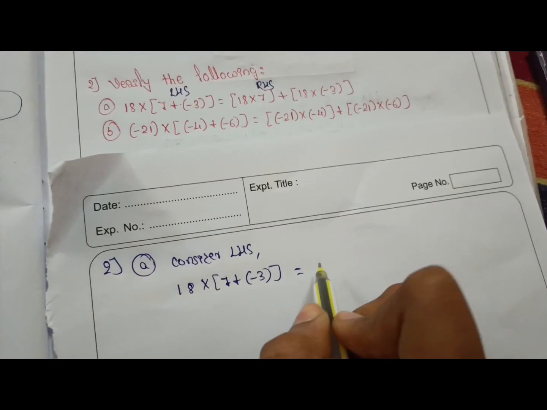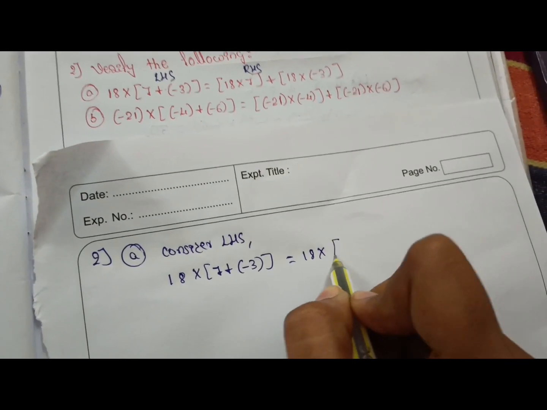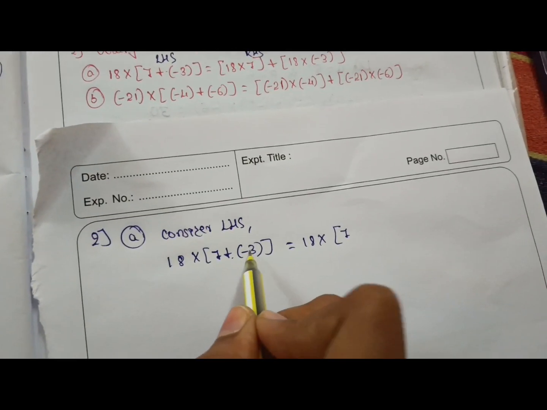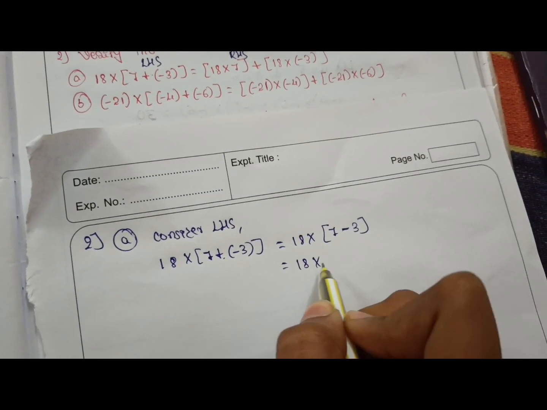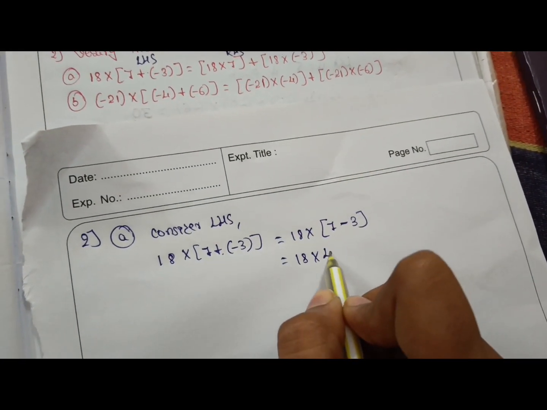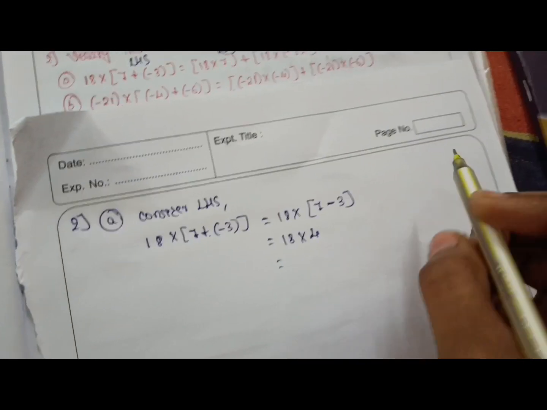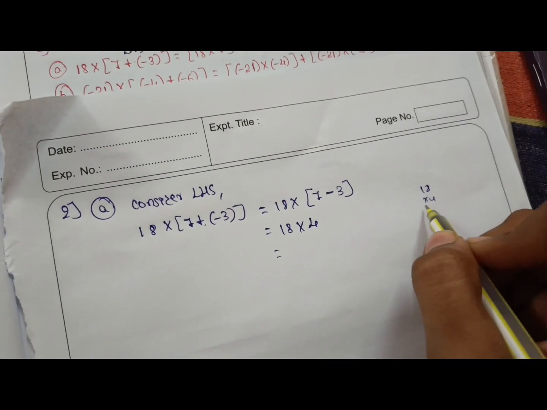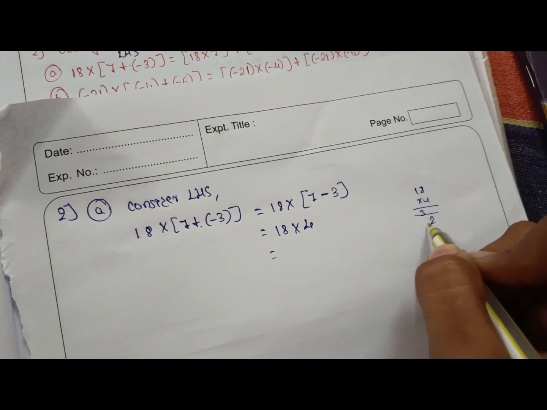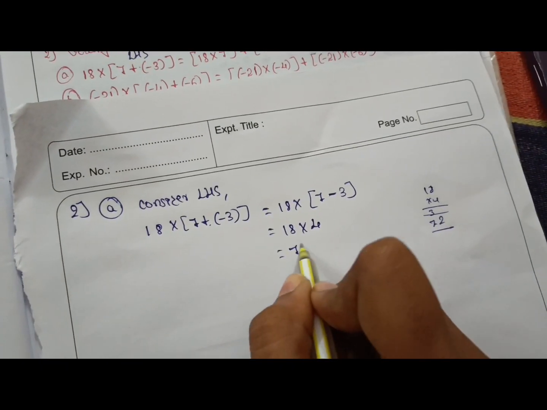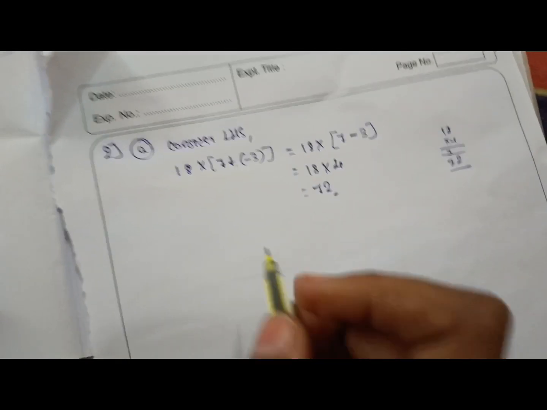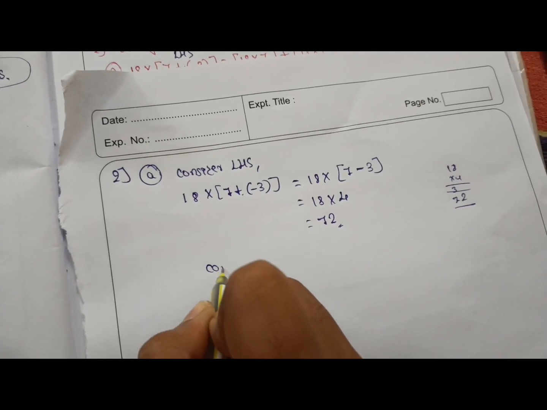Plus into minus is minus. This is equal to 18 into 7 minus 3, 4. So 18 4 is 72. 72 is the answer.